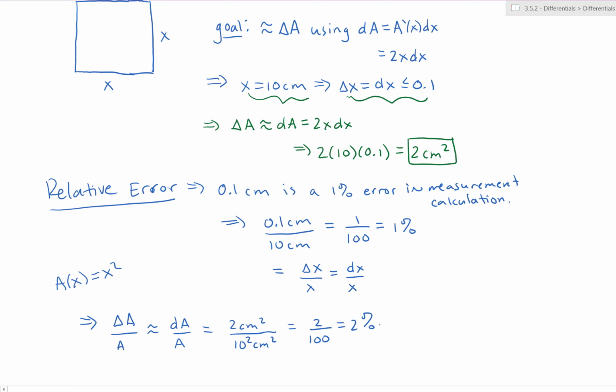And so what that's telling us is, if we have a 1% error in measurement of the side of the square, that will result in a maximal error of 2% in the calculation of the area. So knowing how much error you have is actually quite important, because if you have too much error, maybe bad things happen.